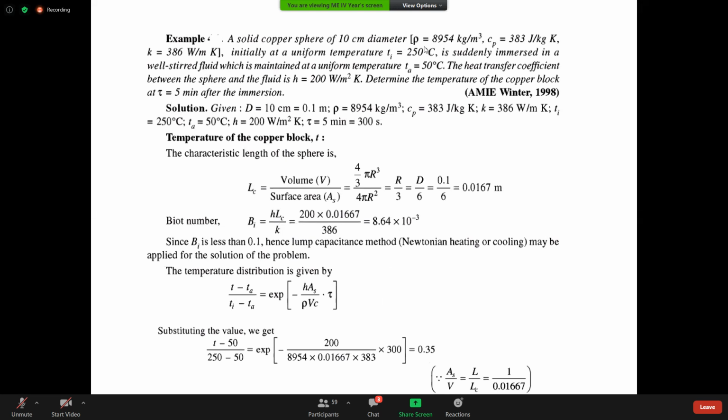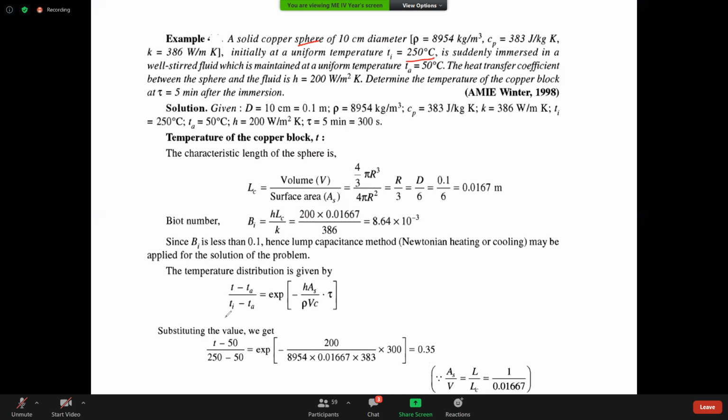A solid copper sphere. This is a different, spherical object. See, geometry is also important. I cannot simply calculate Lc for any geometry; you have to see the geometry, then go for the Lc. The sphere is initially at a uniform temperature Ti, which is given.